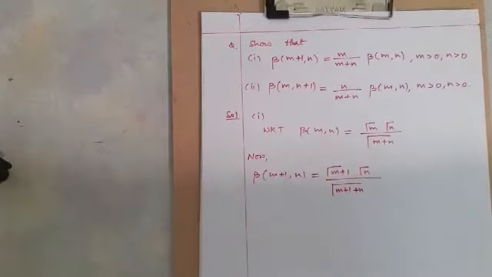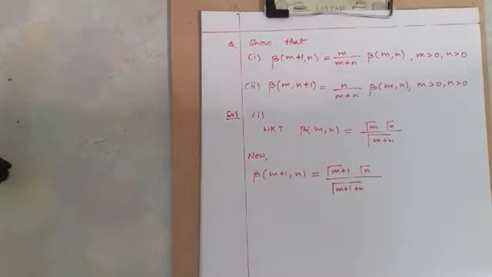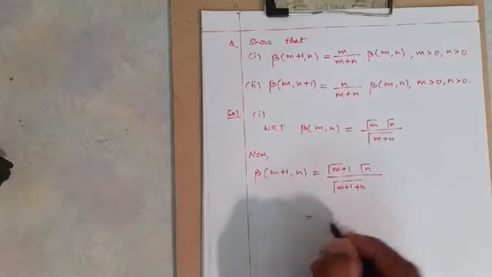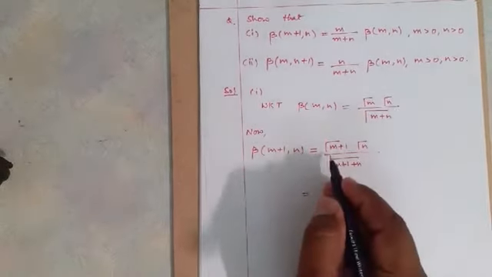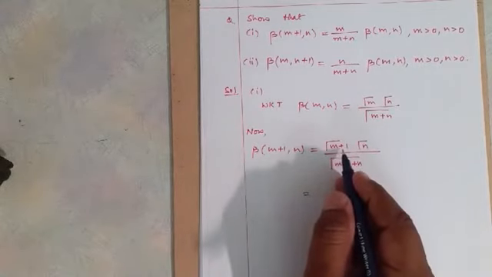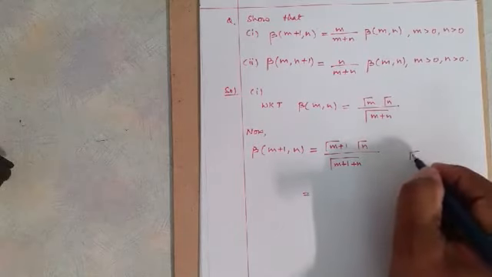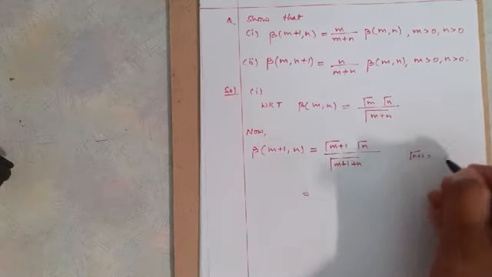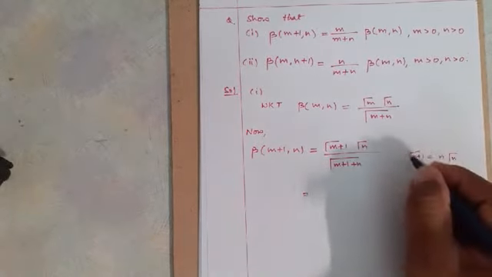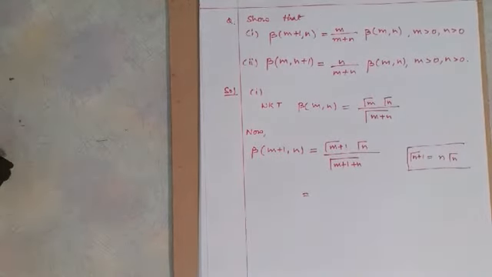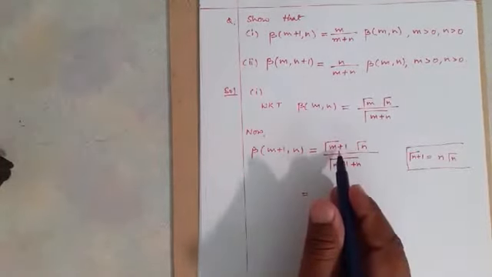Then when you go for the next step and simplify, I can write gamma m plus 1. That is nothing but what we have just now done: gamma n plus 1 is equal to n gamma n. This we have just now used in the problems. So here we have gamma m plus 1.